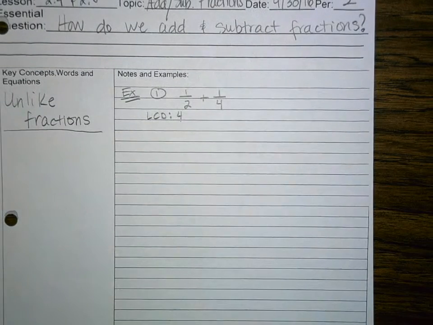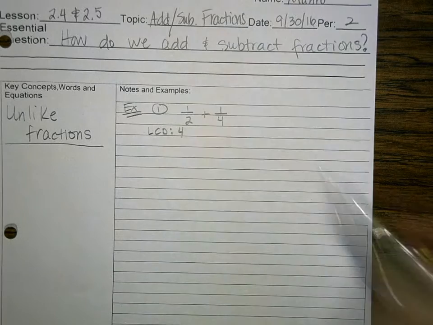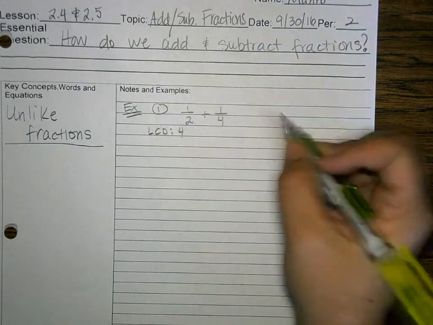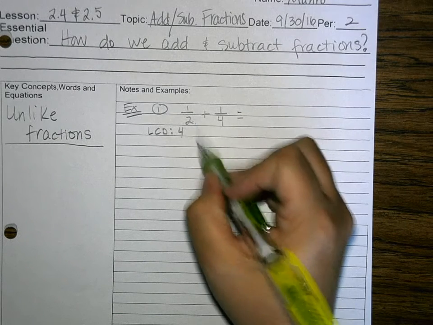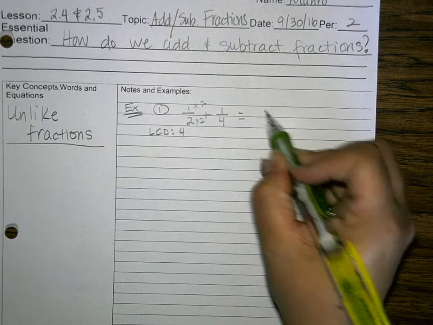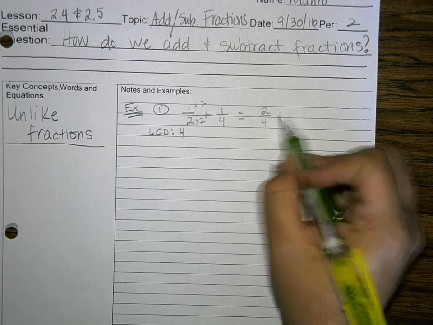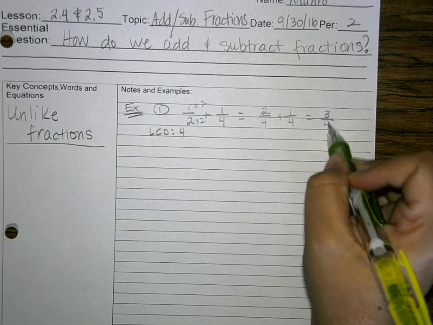Because 2 goes into 4 and 4 goes into 4. Do you remember that? Okay? So we have to change this one to a 4, right? The 1/4 is okay. So let's change the second one. So we have to multiply by 2, top and bottom. So now we have 2 over 4 plus 1 over 4, which is what? 3/4. Good.